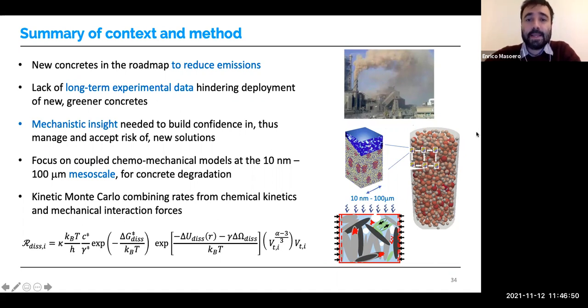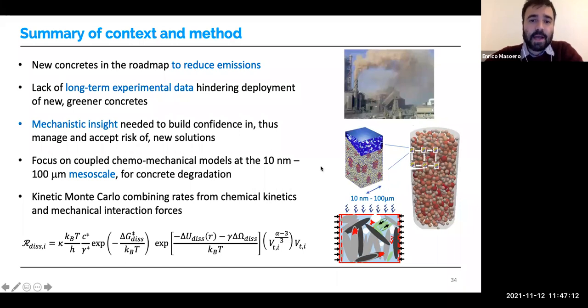And I indicated that the possible pathway to do that, or to help in doing that, is to combine models at different scales, although not necessarily going for the whole multi-scale picture, but at least a minimum level of multi-scale understanding with the specific focus on the mesoscale, where all these coupled mechanisms are likely to concentrate.